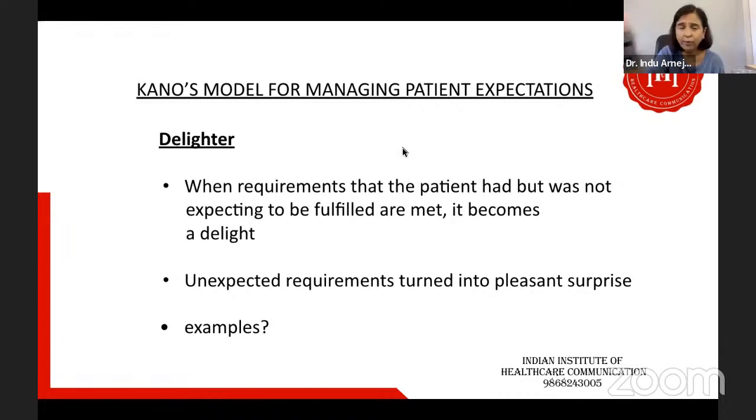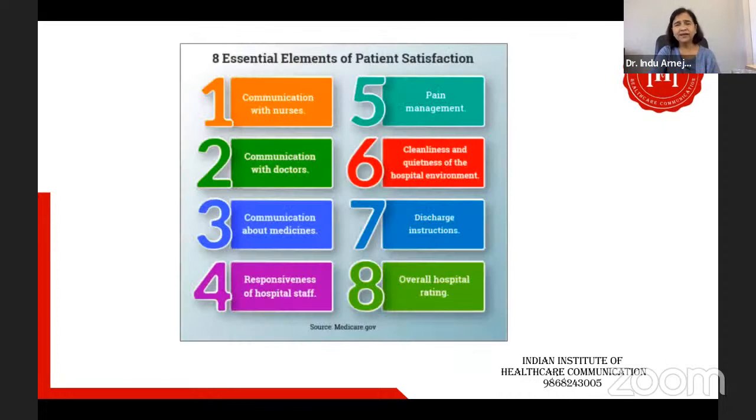I don't have to go back and follow up and check for the report. I get it directly. So I think we have to be more innovative in finding delighters, which should actually add value to the patient care and should come as a pleasant surprise. But yes, definitely these are being used more and more now in patient satisfaction.